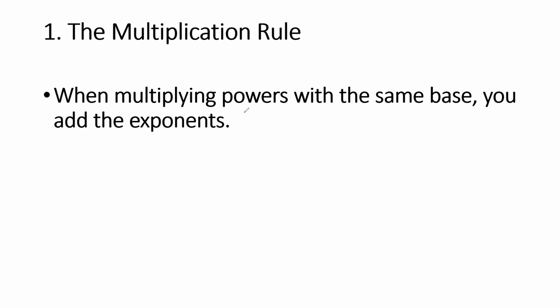When you have the same base, for example, a to the power n multiplying with a to the power m, the bases a and a are the same. So you have to add the exponents, and the answer will be a to the power n plus m.